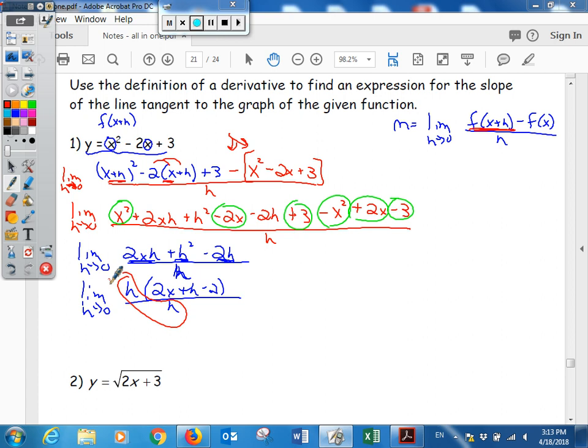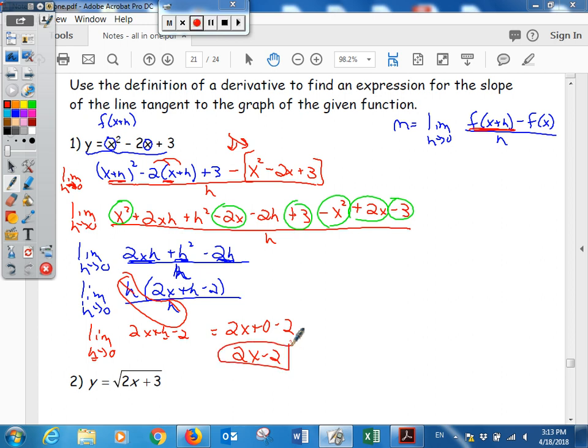So these h's here will cancel. Limit as h approaches 0 now of what's left over, 2x plus h minus 2. And now I'm going to plug the 0 in. So plugging a 0 in just for the h, I get 2x plus 0 minus 2, which is 2x minus 2.